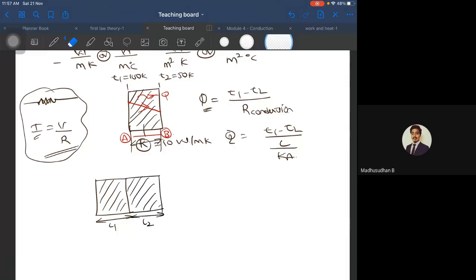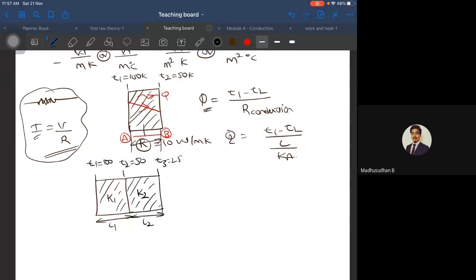This has a thermal conductivity of K1, and this has a thermal conductivity of K2. The temperature here is T1, which is 100. The temperature here is T2, which is 50. And the temperature here, we shall assume as around 25.